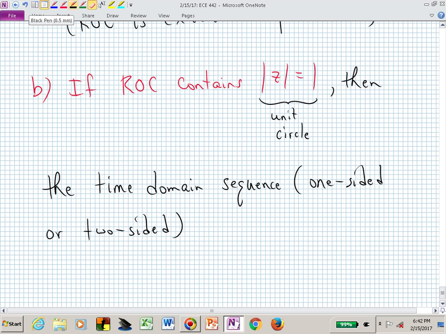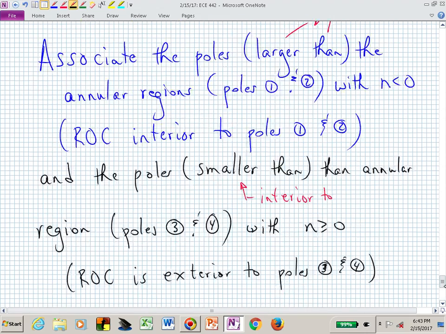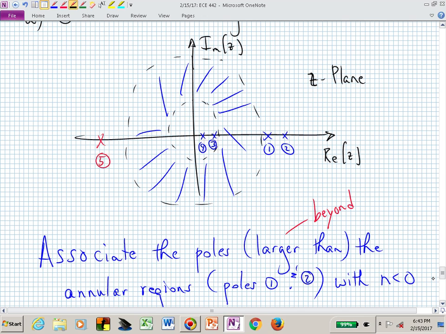It doesn't matter. If the region of convergence contains the unit circle, what can we say about the nature of our time domain response? Is it bounded or unbounded? It's now bounded, and if it was corresponding to a system, we might say that that system is stable. In this case, it's going to depend on the values of 3 and 1, whether or not that region of convergence contains the unit circle.